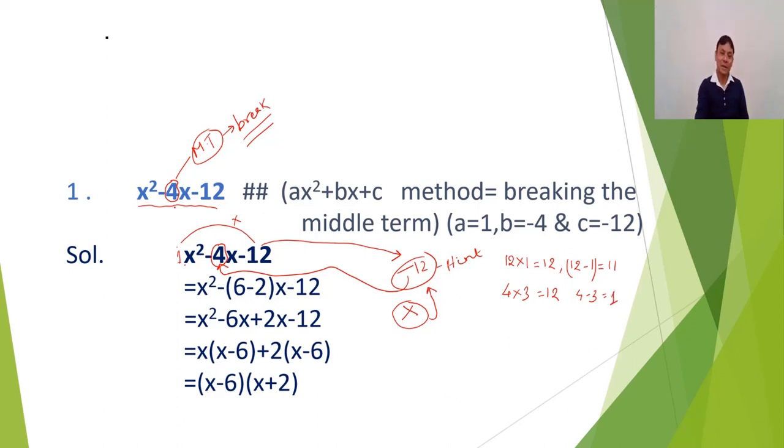So middle term को जग्गामा 4 को जग्गामा 1 भएदेखिको we would have written this. But we have 4. So we will use another available pair, which is 6 into 2, 12. And if you subtract 6 and 2, you get 4. Alright. So this 4 can be broken as 6 minus 2. Alright. So we have written 6 minus 2.